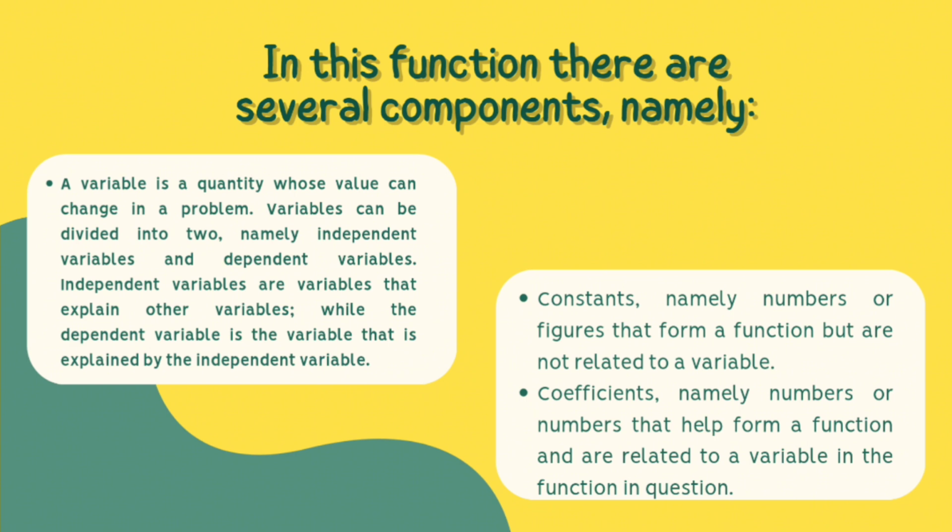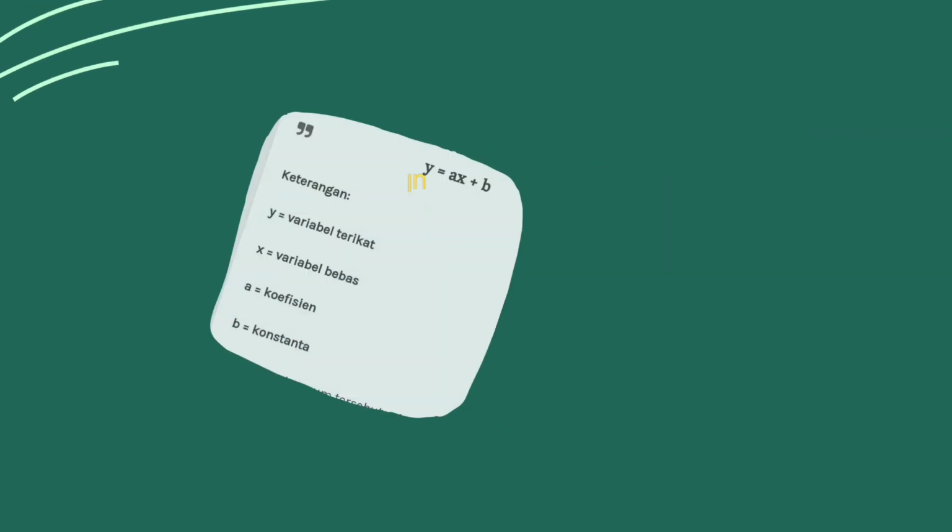Number 2, constants, namely numbers that form a function but are not related to a variable. Number 3, coefficients, namely numbers that help form a function and are related to a variable in the function in question.